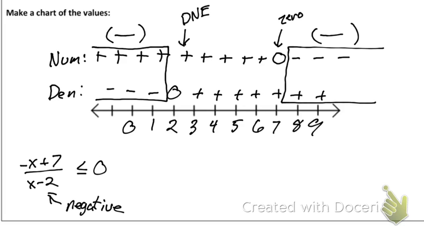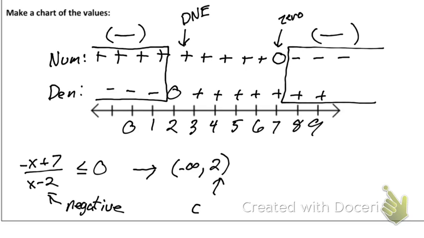All right, let's go ahead and put our answer down, having this knowledge. The negative starts all the way from negative infinity and ends at 2, but not including 2, because 2 does not exist. So we're going to go from negative infinity all the way to the 2, but I have to use a parenthesis because 2 is not included.